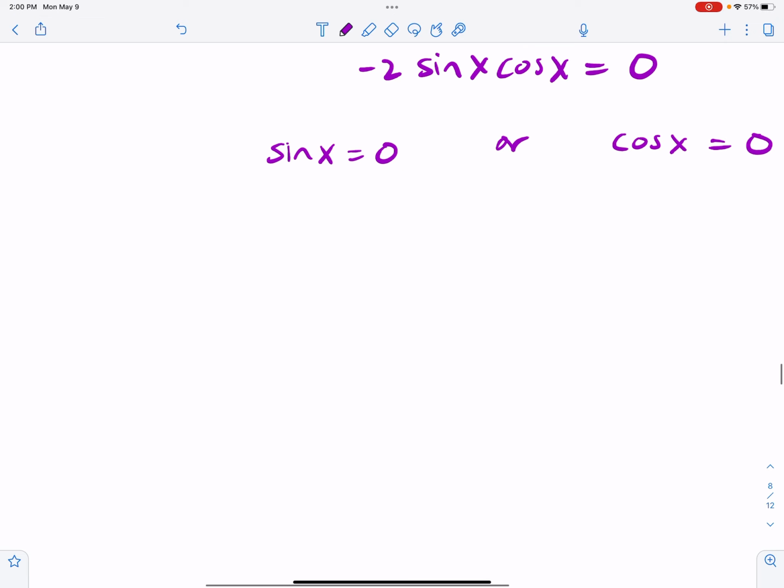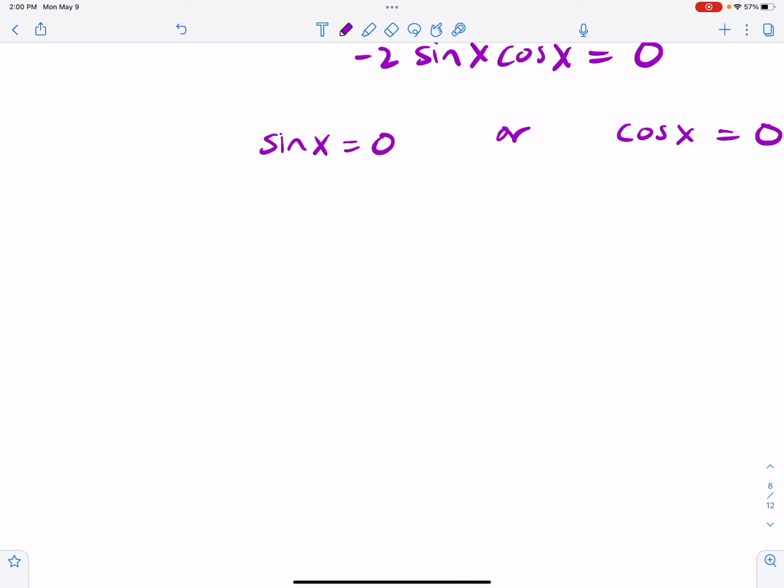So if we were thinking about coming up with the general solution set, because no interval is stated here, I'm thinking, okay, well, sine is equal to 0 at 0 plus 2 pi n to include all the coterminal angles, or at pi plus 2 pi n.